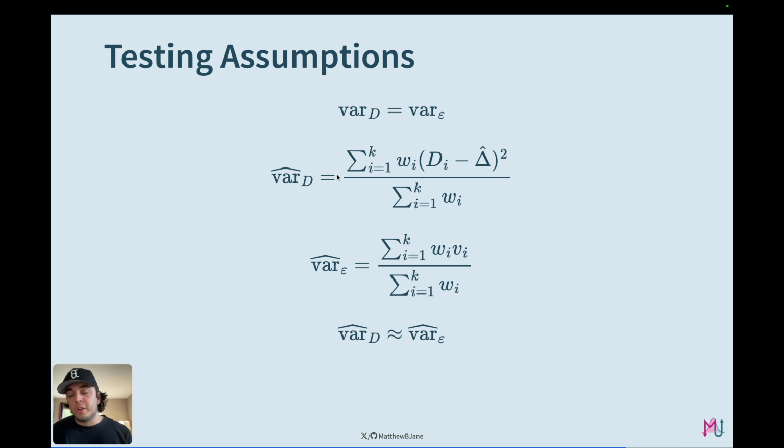So what we can do is first estimate the variance in observed effect sizes by taking the weighted average of the squared deviations of the observed effect sizes from the estimated true effect size. Then we can take an estimate of the variance of sampling errors by essentially just taking a weighted average of the sampling variances for each study. And with the equal effects model, these two estimates should be approximately equal.